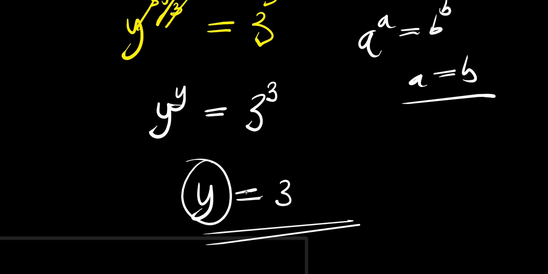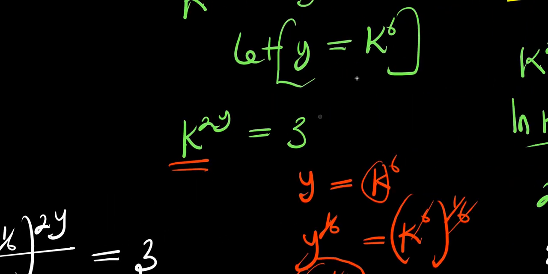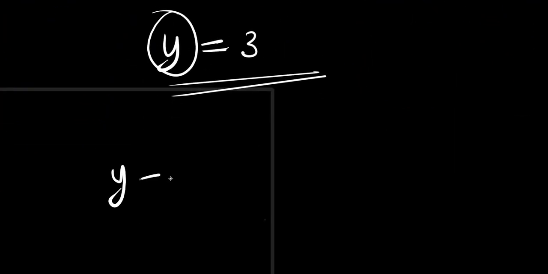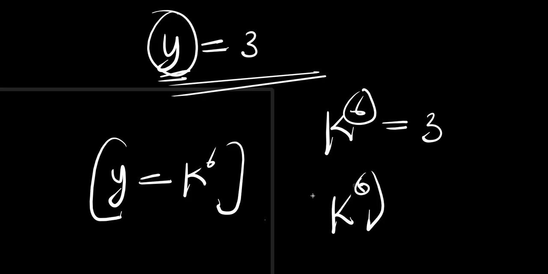Now to solve for k, consider this. y equals k power 6. That means this is our y, so we have k power 6 equals 3. And to solve for k, we eliminate this. We have k power 6 raised to the power 1 over 6 equals 3 to the power 1 over 6.